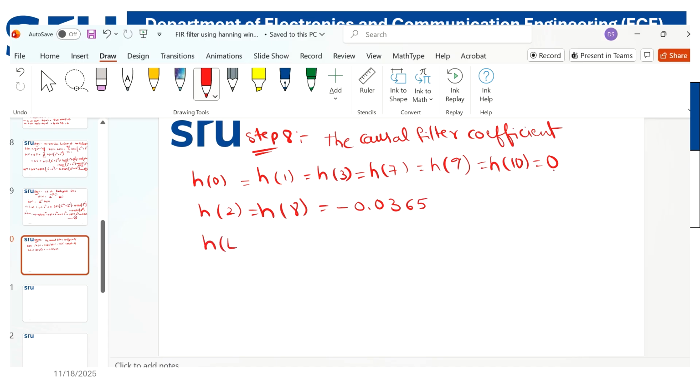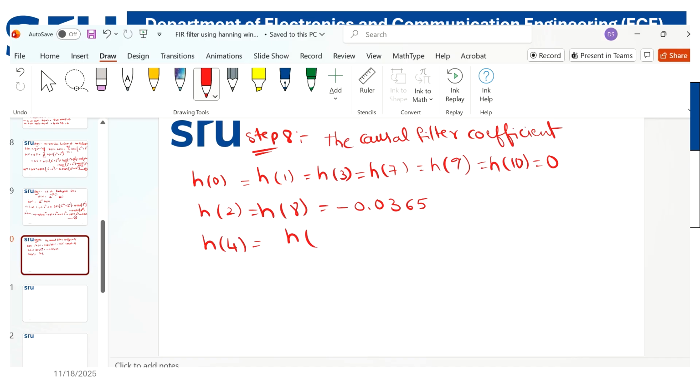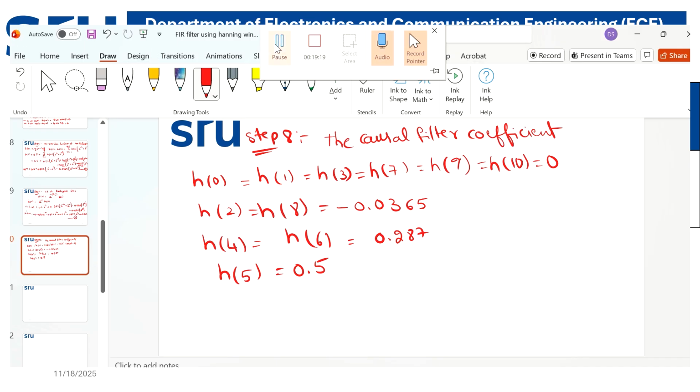Then from the above analysis, h of 4 coefficient is equal to h of 6 coefficient. So therefore the value is 0.287 and the last value h of 5 is equal to 0.5. So these are the causal filter coefficients from the above equation number 3.